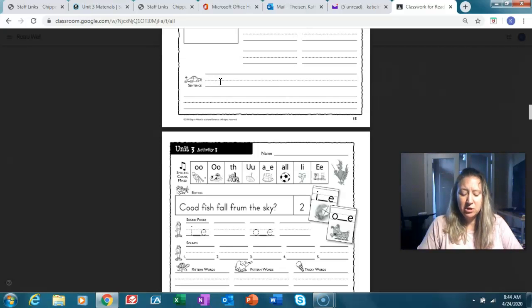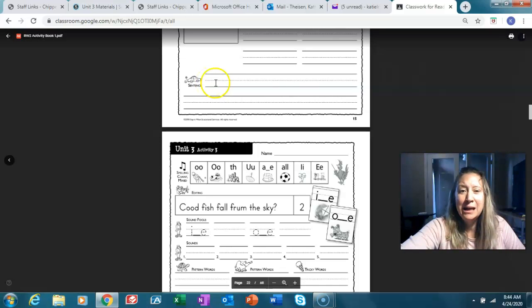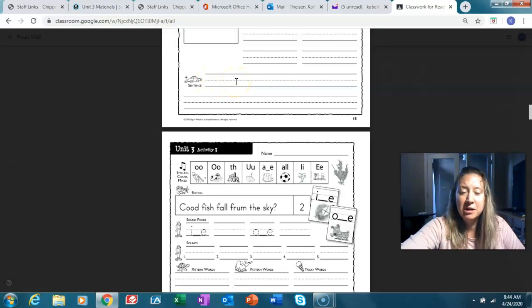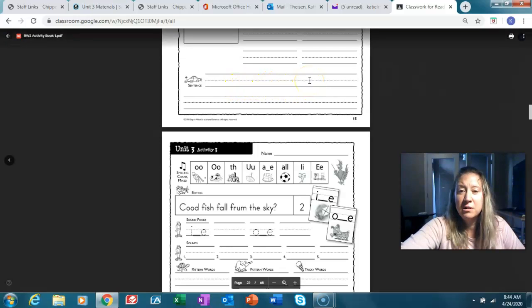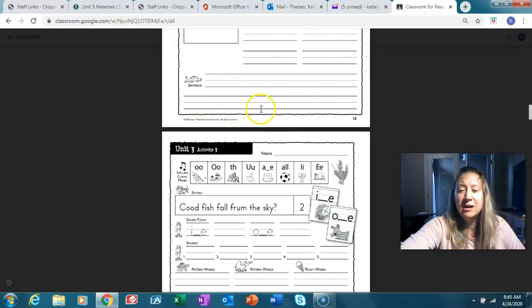Do you need me to read it slower? A ball did not fall from the sky. Go ahead and finish that up.